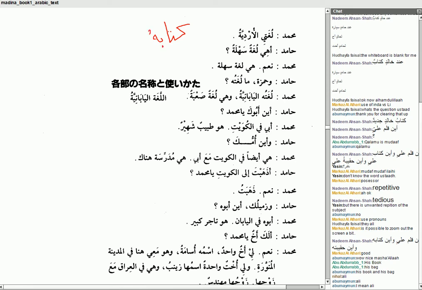Okay, guys. Now, kitabu, this is mudaf. And hu, this is the dhamir. It refers to somebody or something. Okay? His bag. Sorry, his book. Or its book. Kitabuhu.